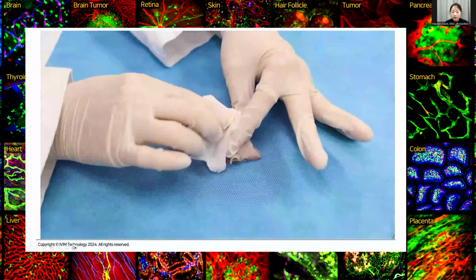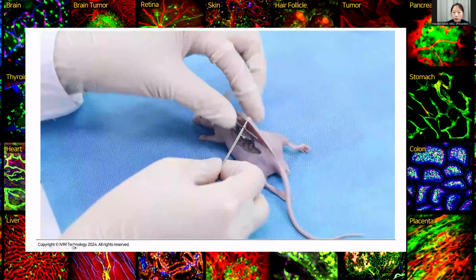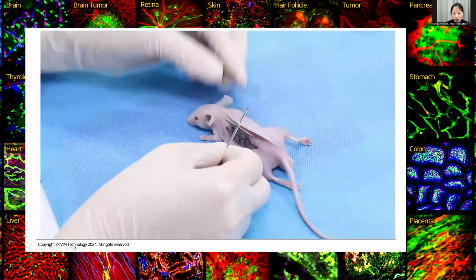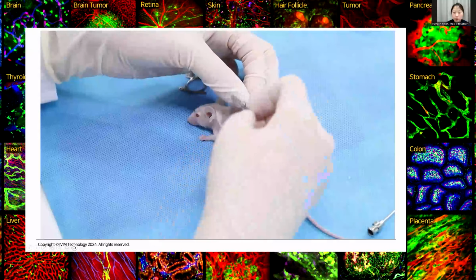After that, hold the dorsal skin and place the 2 frames on each side. And using a 16 gauge needle, pierce the skin through the upper opening and secure it with bolts and nuts.